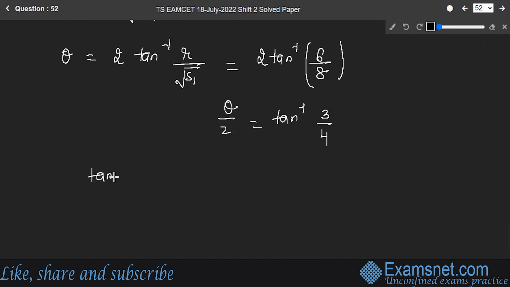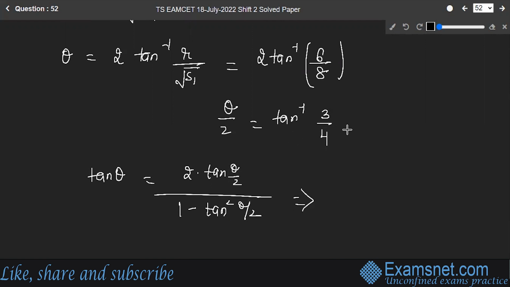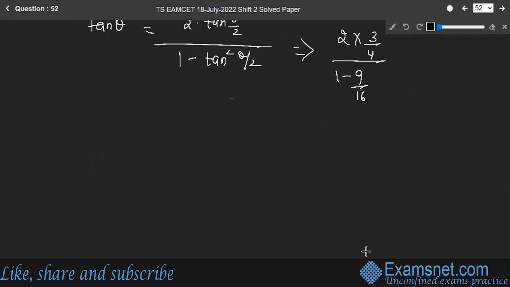You know, tangent of theta is given by 2 tan theta by 2 upon 1 minus tan square theta by 2. So from here, tangent of theta by 2 is equal to 3 by 4. So this is equal to 2 into 3 by 4 upon 1 minus 9 upon 16. That will give you 6 upon 4, or 3 by 2 upon 7 by 16.